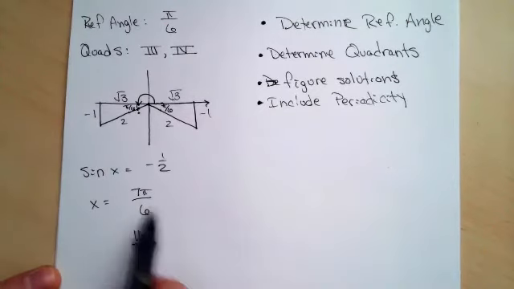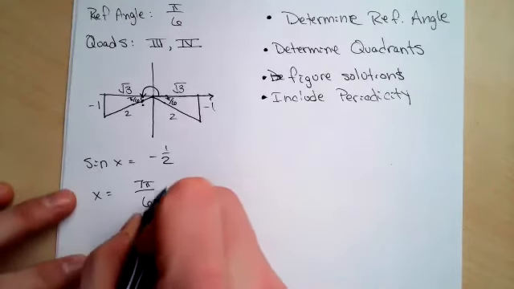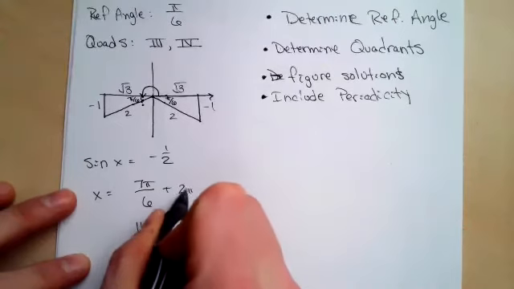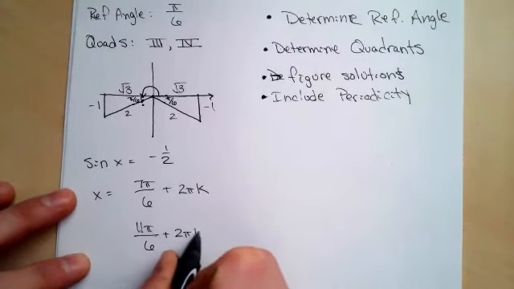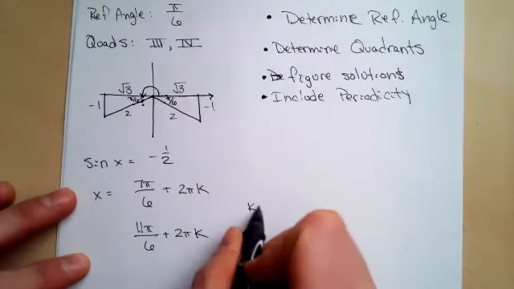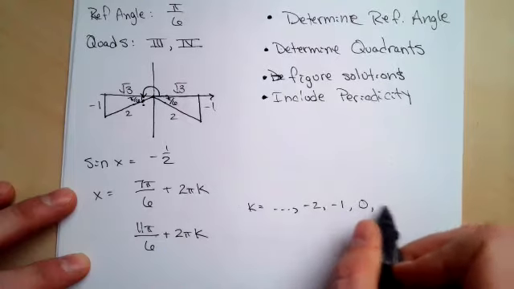So we actually have a lot more solutions, infinitely more solutions, to be exact. So what we want to do is add on 2 pi k, where again k is any integer.